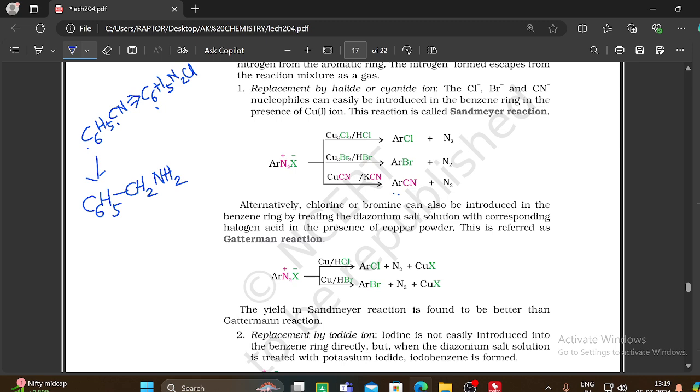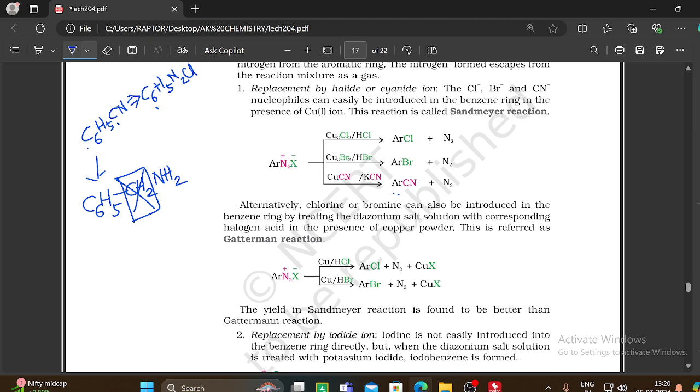Addition of hydrogen, H2 over palladium, or lithium aluminum hydride, sodium borohydride. If I do that, I will get benzylamine, but I don't want benzylamine. I want only aniline.